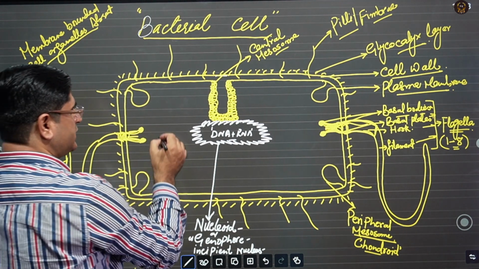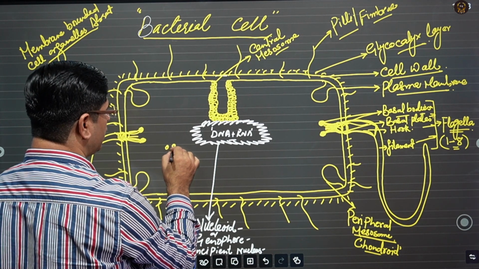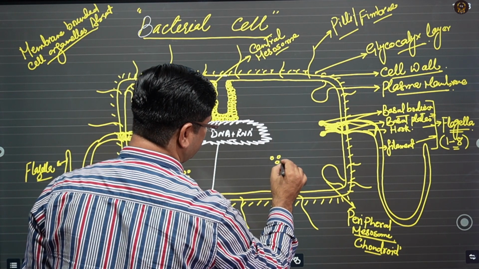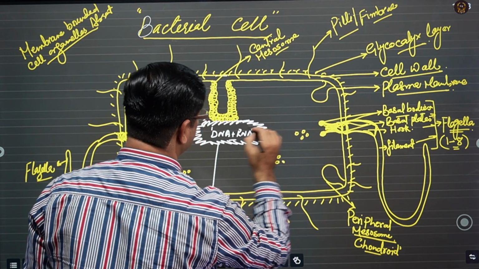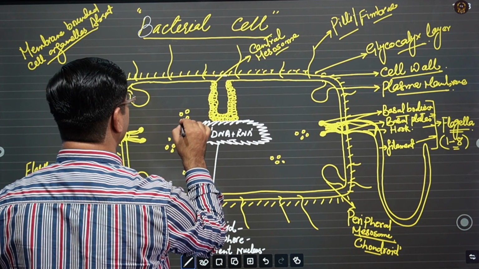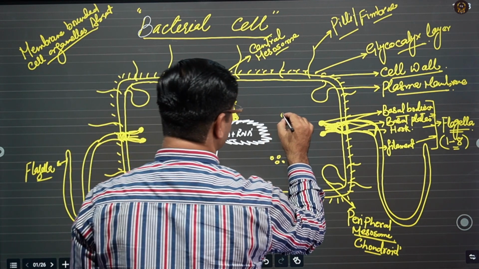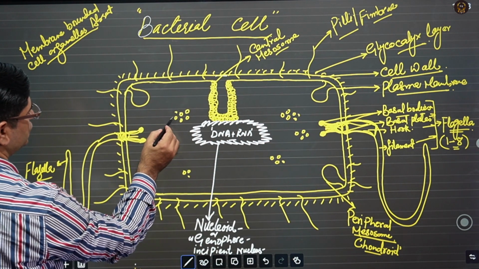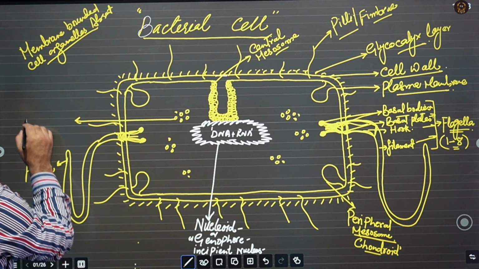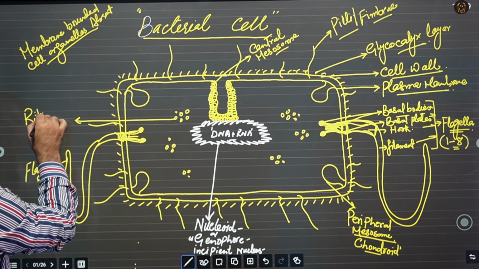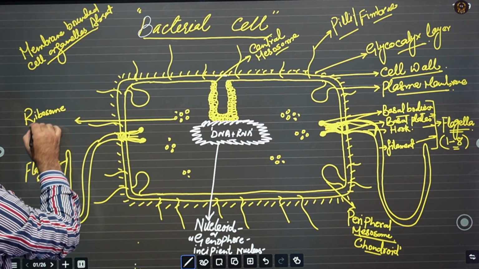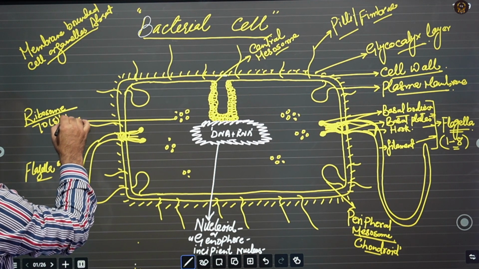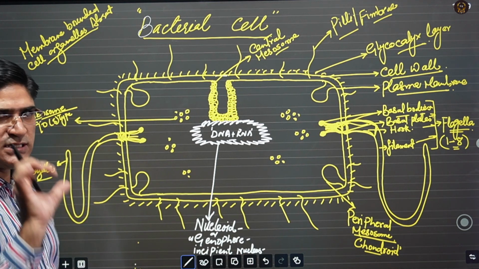Except, they have the presence of one organelle only, which is membraneless. That doesn't have any membrane covering. That organelle present in the prokaryotes is known as ribosome, especially the 70S type.